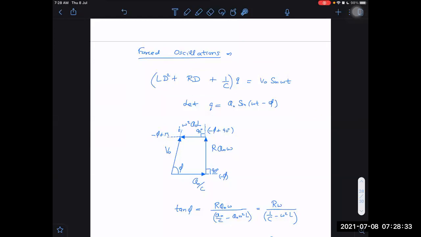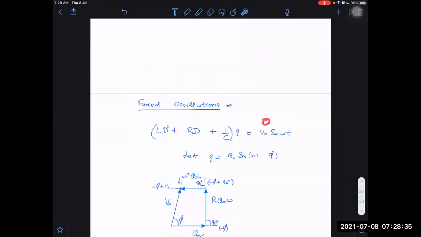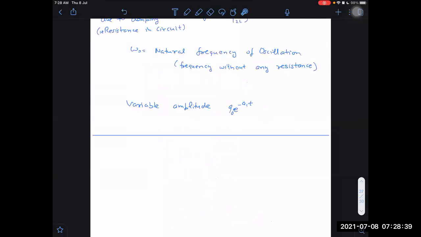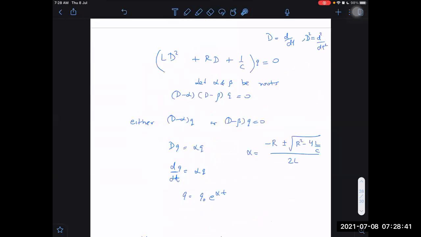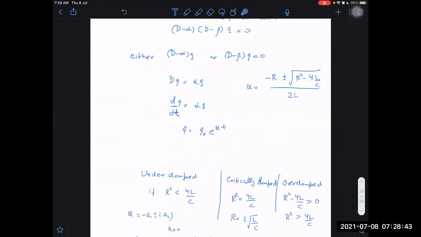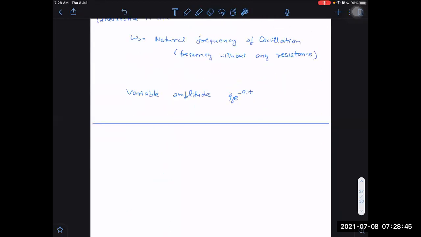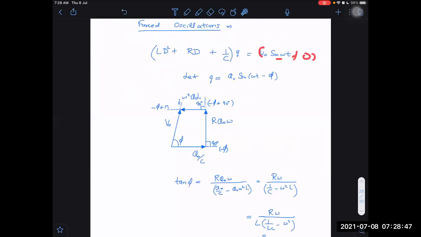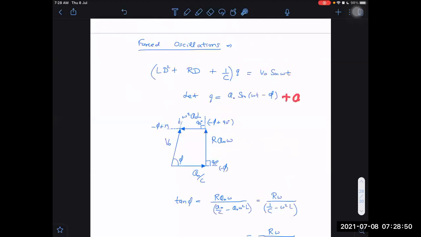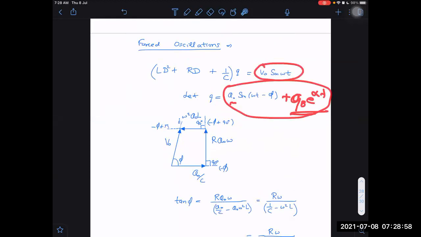Then additionally, wait a second. For example, I can think as if it is 0 here. So whatever solution we had for the last, which was obtained already, Q naught into e raised to alpha t, those will also be applicable. So I can add with this some Q naught into e raised to alpha t. This Q naught may be different from that Q naught, because if I differentiate this whole, then also I will be getting V naught sin omega t. Is it true or not?